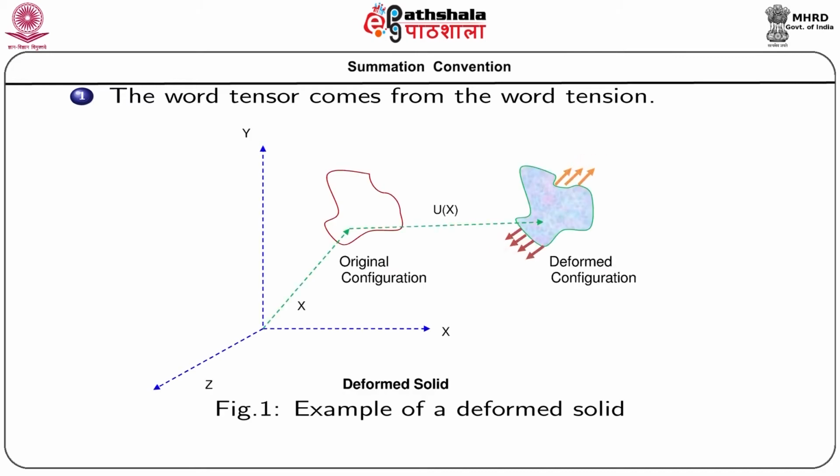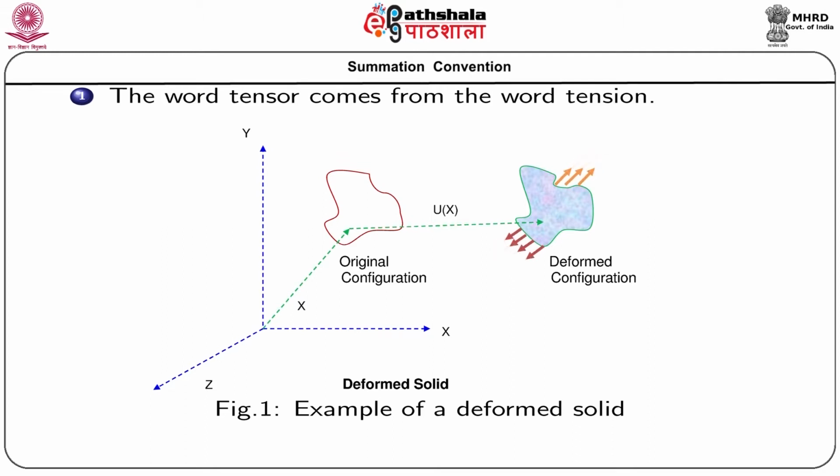Now, this is the picture where we can see that the tensor is created at the deformed configuration. The original configuration is given at first, and then after some transformation a deformed configuration has been shown where the tensor is created.